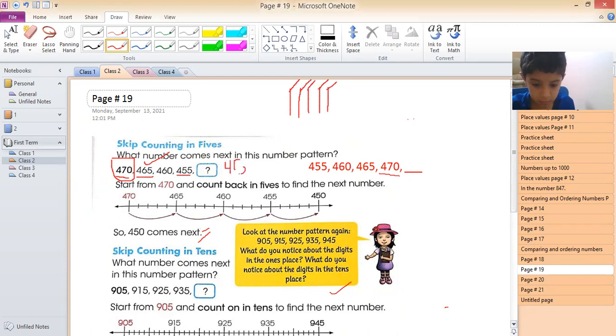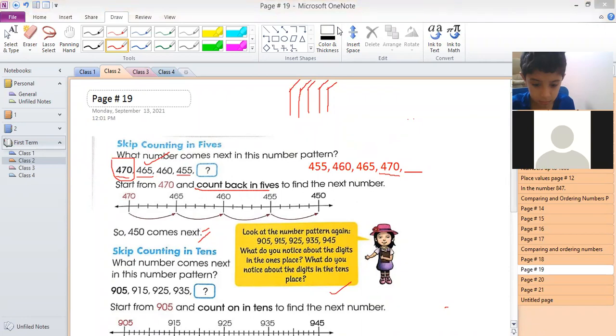So here the pattern is count back in fives. We are checking the number which is before 470. So that's why we are counting back in fives. Is it clear, guys? Yes, sir.